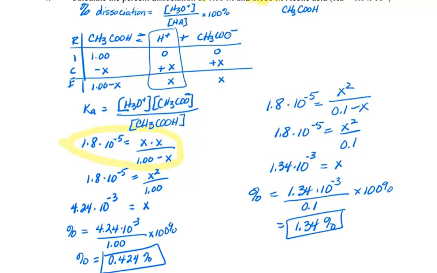It seems to me sometimes like that's a little bit backwards, but if you think about it, you've got less in the 0.1, so it doesn't take that many to have a higher percentage dissociate.